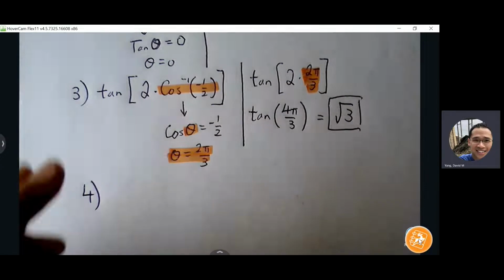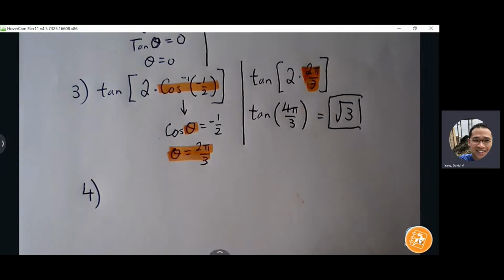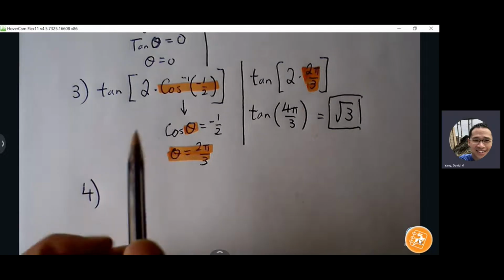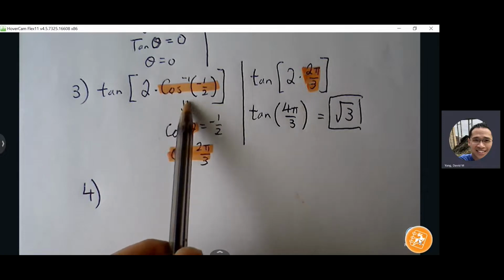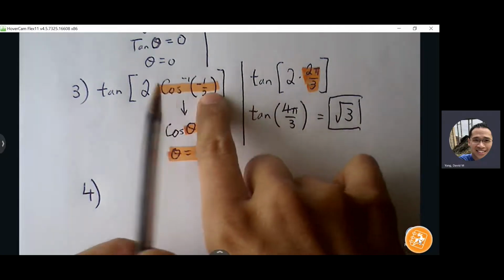Yeah, question. How did you know to simplify the cosine line down to just cosine? Say it again. Like, how do you simplify the first part to just cosine theta? So this is arc cosine.